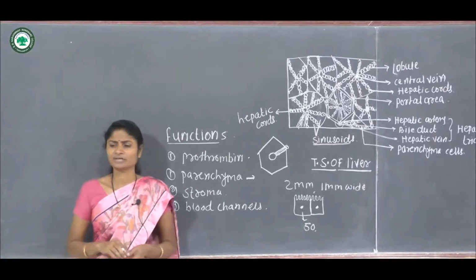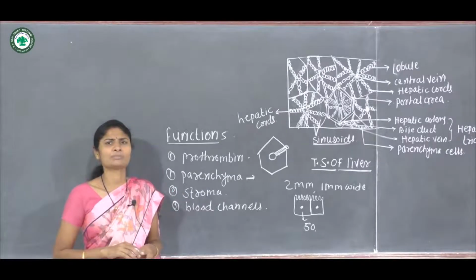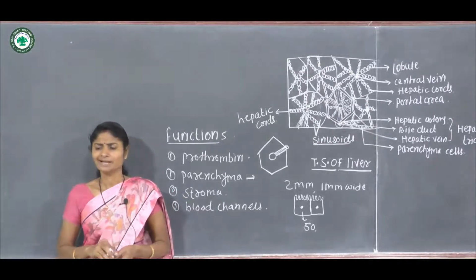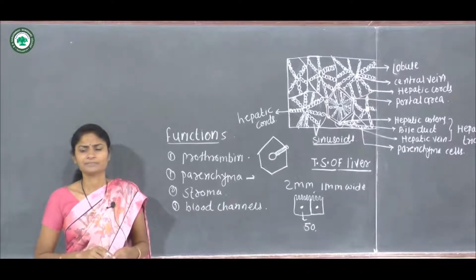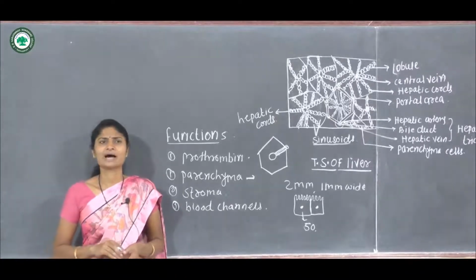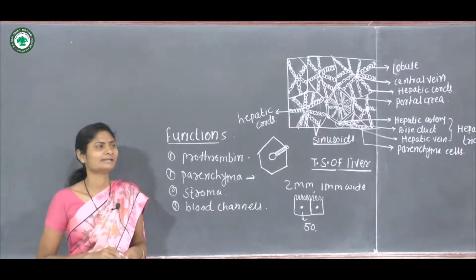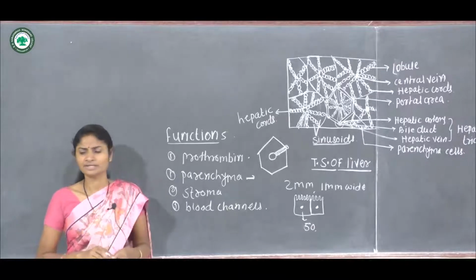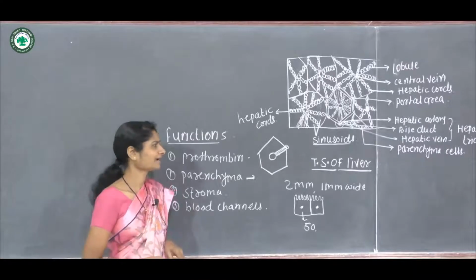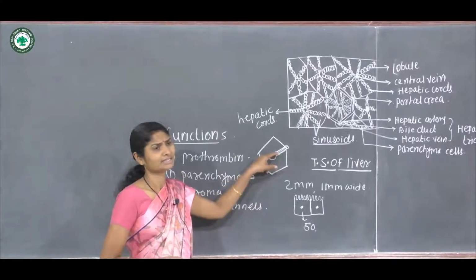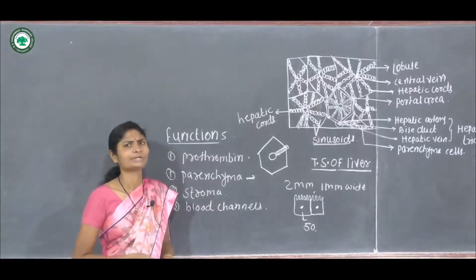These sinusoids receive blood from the branches of the hepatic portal vein and branches of the hepatic artery. These sinusoids are lined by endothelial cells like those present in blood vessels. At the end of the sinusoid, there is a sphincter to control the flow of blood.